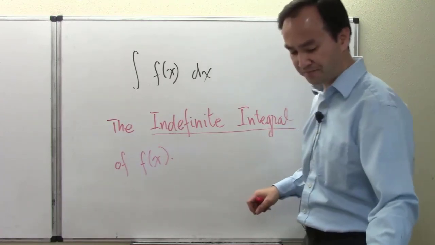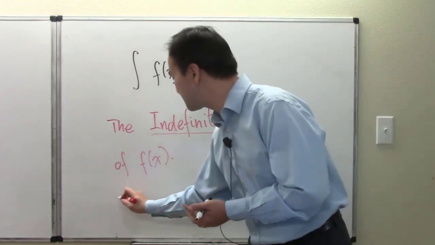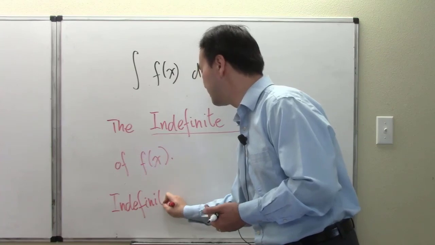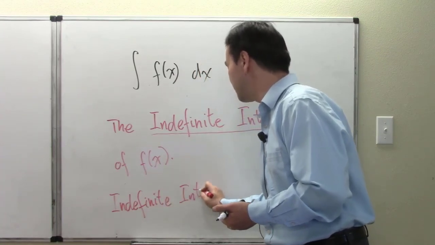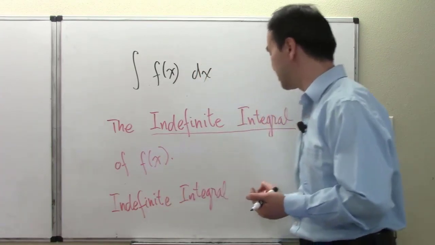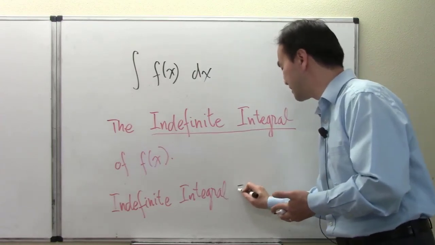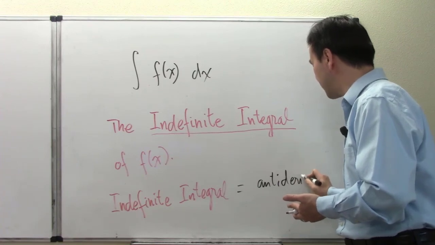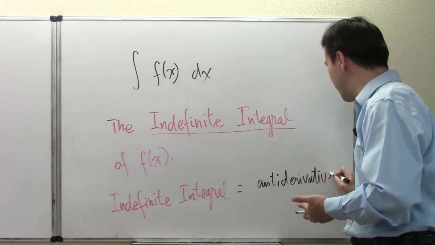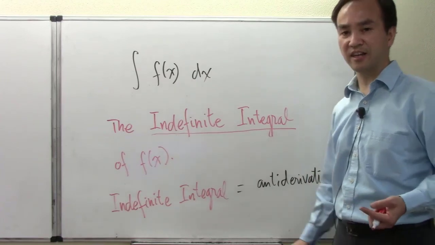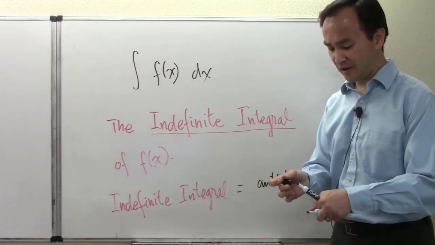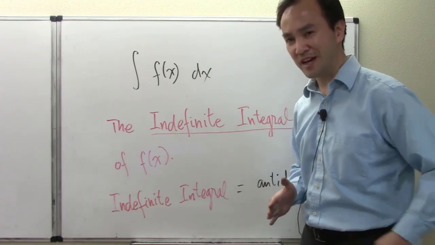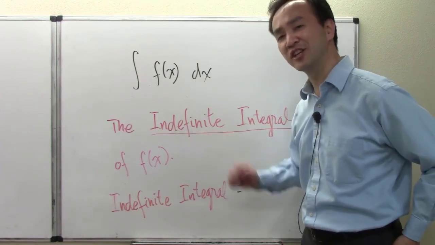So in other words, the indefinite integral is a different name, a different way of saying the antiderivative. Okay, and we can take that informally for now, and later on we will get to that lecture where I will explain the reason why we have given such a name.